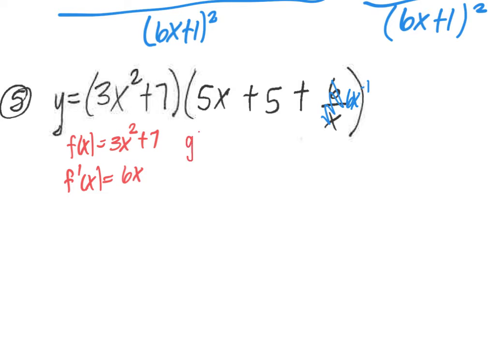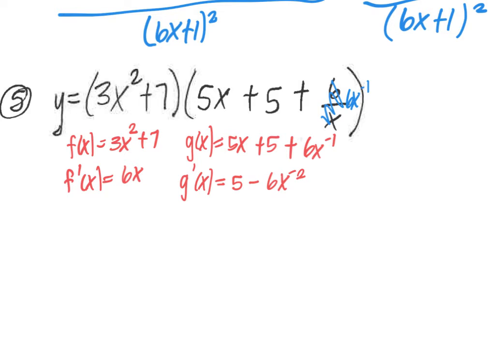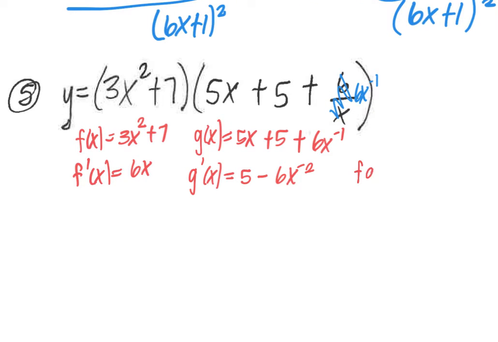And the second function is 5x plus 5 plus 6x to the negative 1, and its derivative is 5. Okay, the derivative of 5x is 5. The derivative of the 5 that's right here is 0, so I'm not going to write down plus 0. And then the derivative of 6x to the negative 1 is negative 6x to the negative 2. And just remember, our product rule is first derivative of second plus second derivative of first.